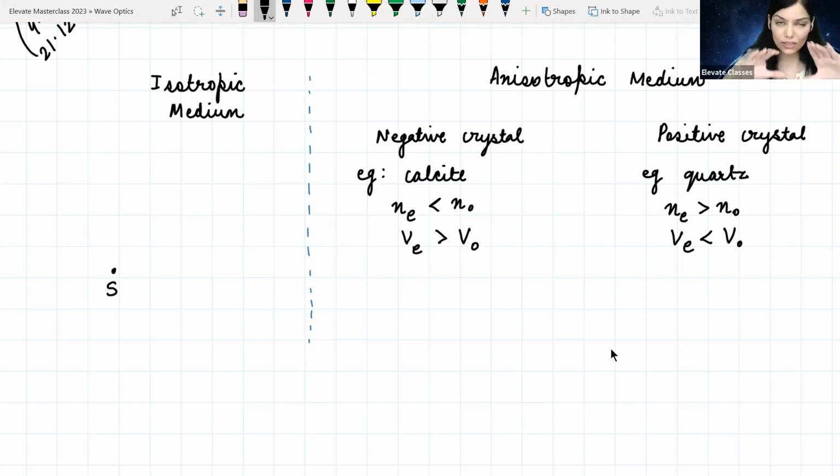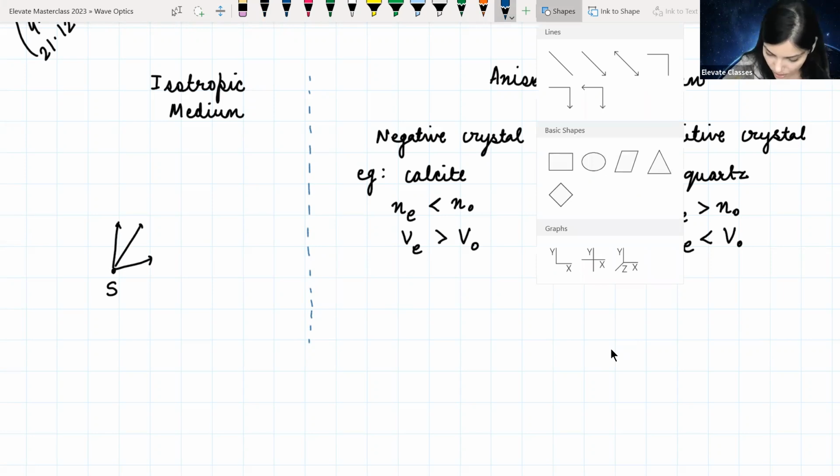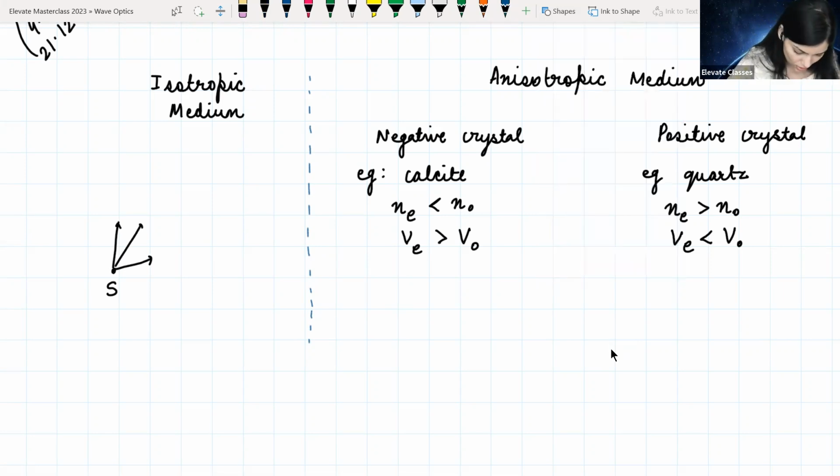So that spherical wave is going to move like a spherical wavefront, because each individual ray of this wavefront, irrespective of in which direction the ray is emitted, for example, one ray is going like that, one is going like that, doesn't matter because it's an isotropic medium. So I get a wavefront which is like a circle. So if I can draw a circle.